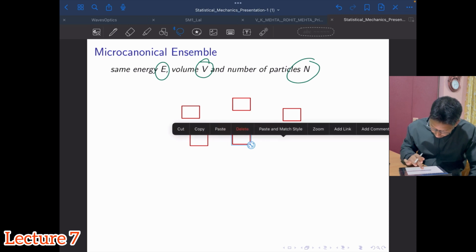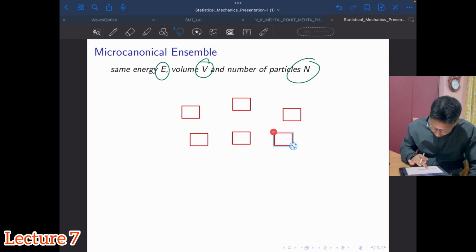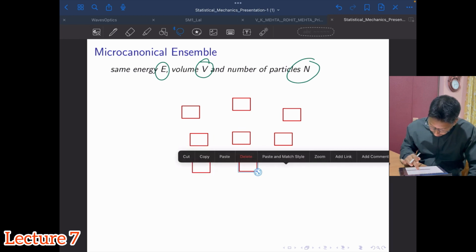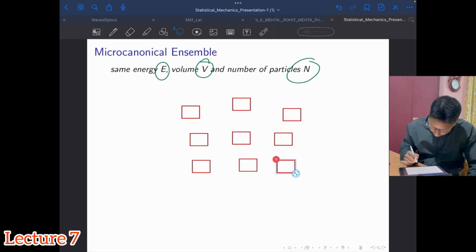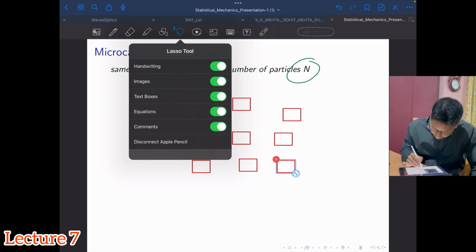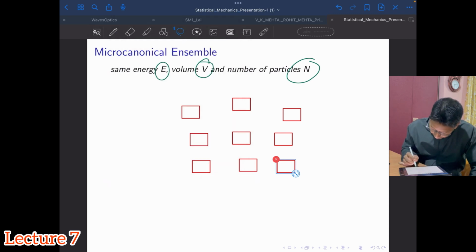I'll try to make nine of them, and then let's arrange them in a particular order.